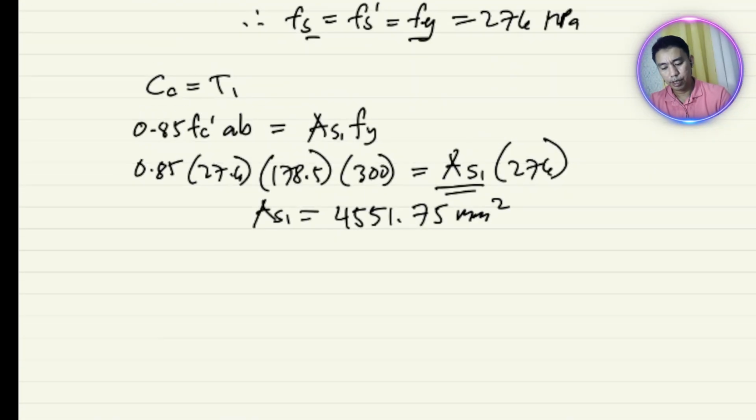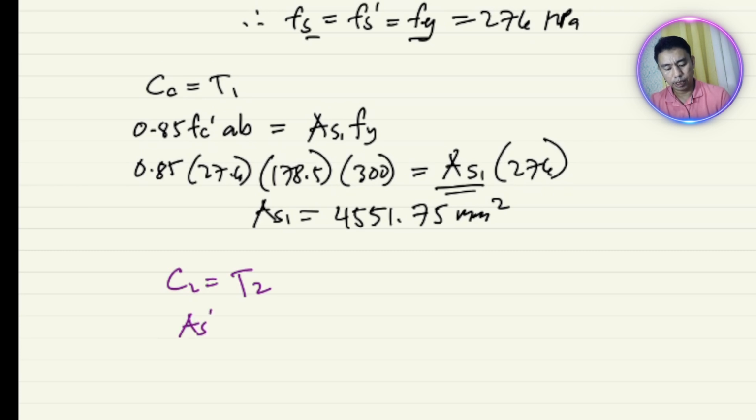Then, let's solve As2 and As prime. So, here we have C2 is equal to T2. Ano yan?